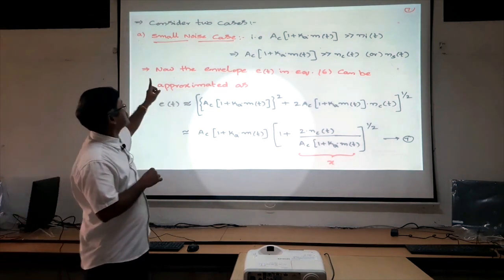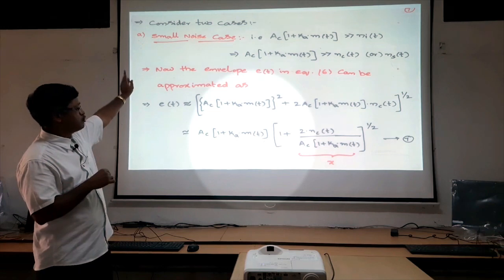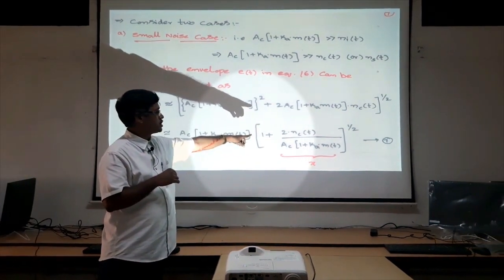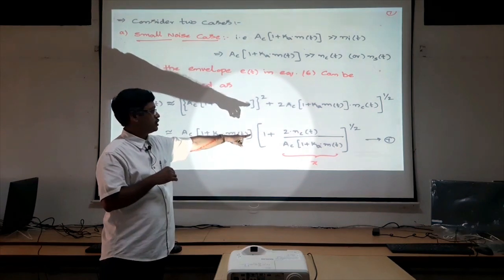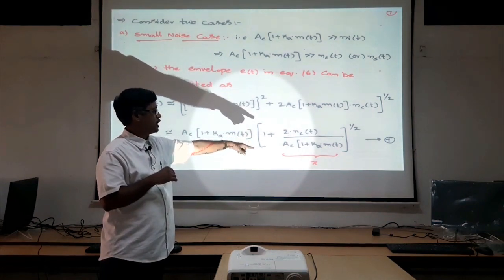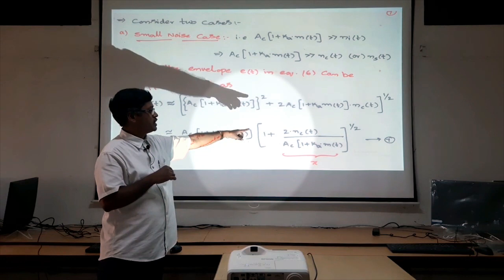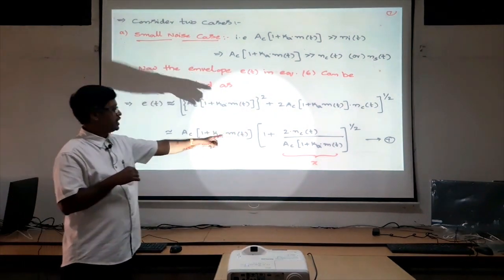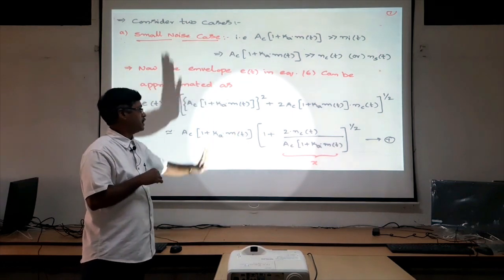As the case itself says, the noise is small. Whenever I focus on the ratio in the second term, the term itself is small. Now I am assuming this as x. When Nc of t is small, the whole ratio x is very small. So I can redefine this as 1 plus x, to the power 1 by 2.